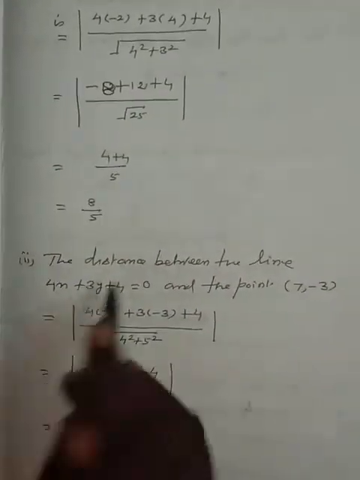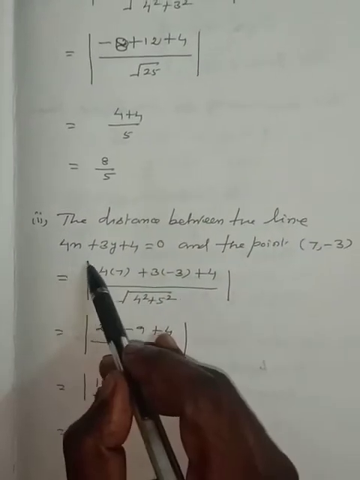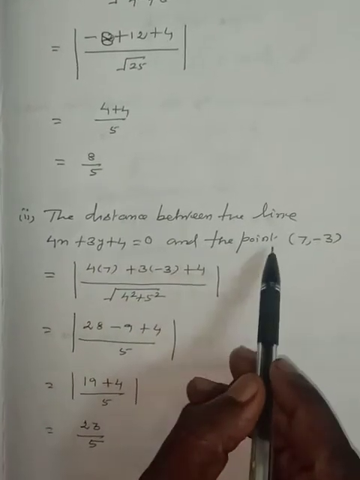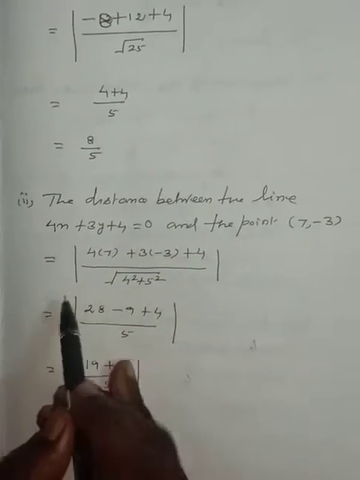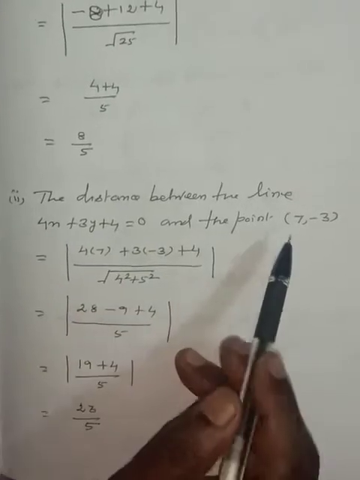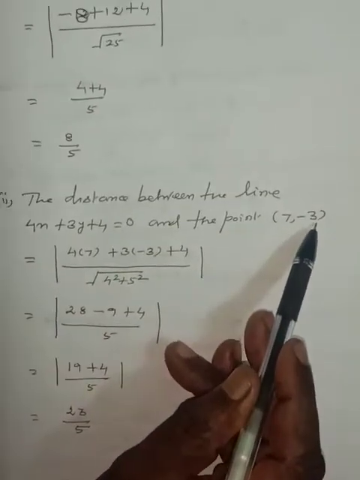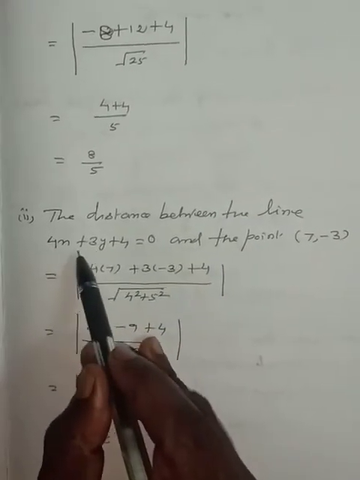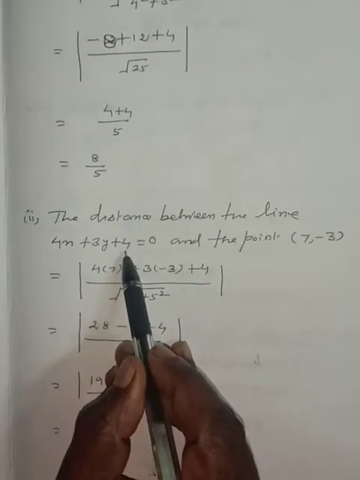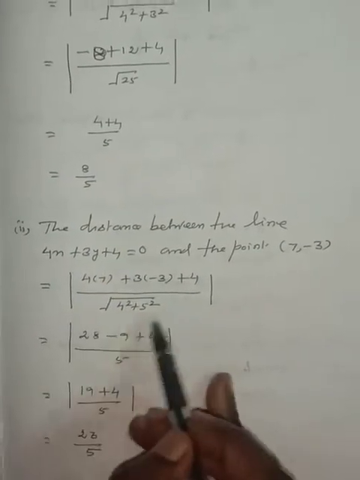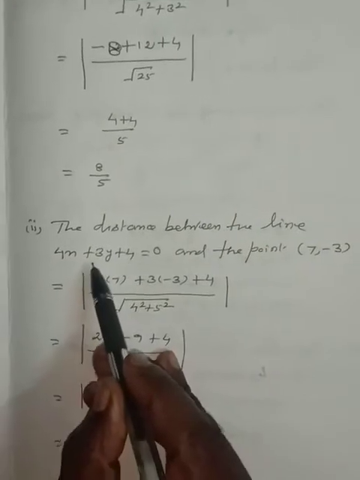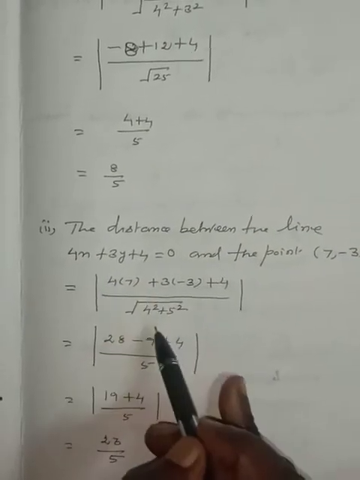Solution number 2, the distance between the line 4x plus 3y plus 4 is equal to 0 and the point (7, minus 3). Substitute x is equal to 7 and y is equal to minus 3 in the equation 4x plus 3y plus 4 and whole divided by square root of coefficient of x term whole square plus coefficient of y term whole square.